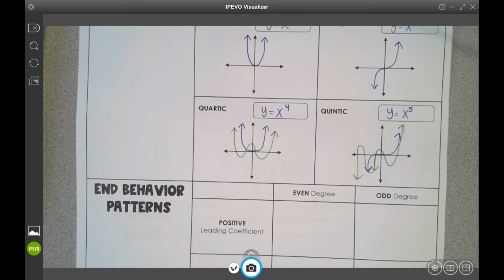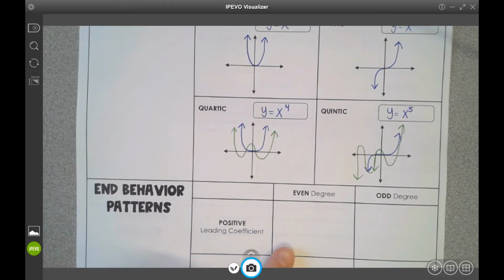All right. So one big thing that we look at is called the end behavior. That's talking about which ways the arrows point. The arrows point based on the leading coefficient, that's the number in the very front, whether it's positive or negative, and the degree. So let's look at your y equals.